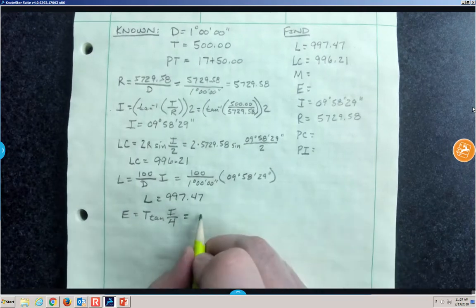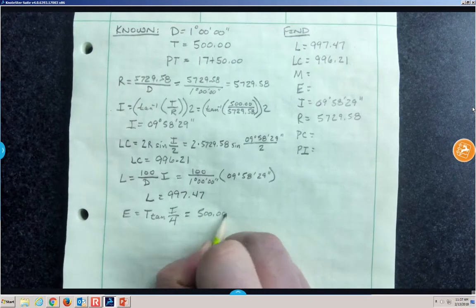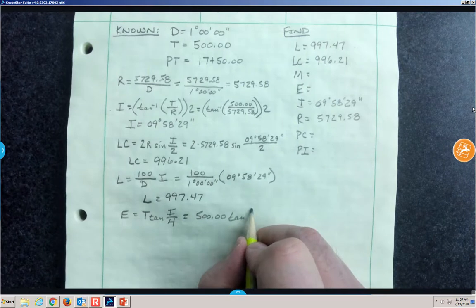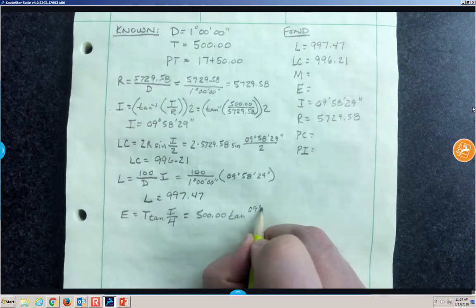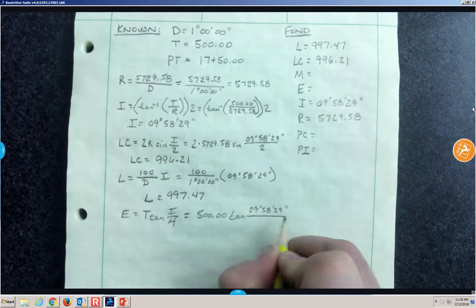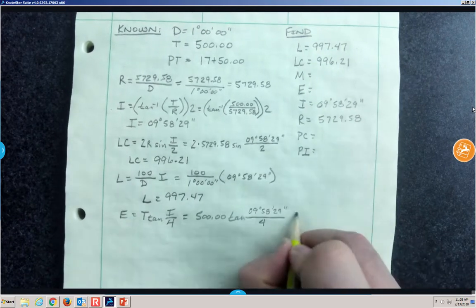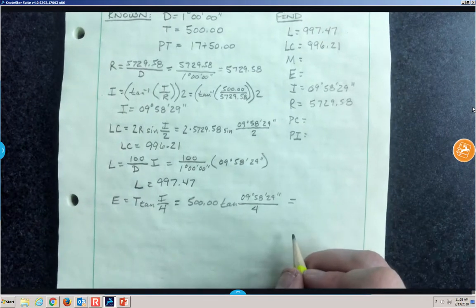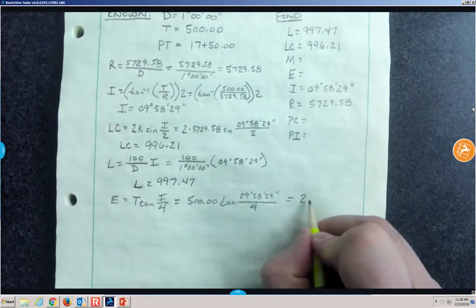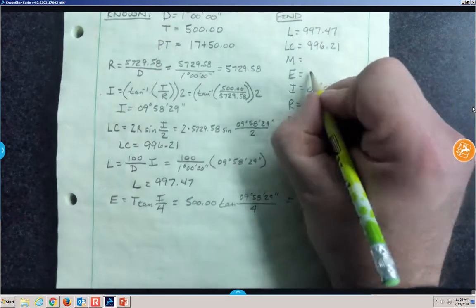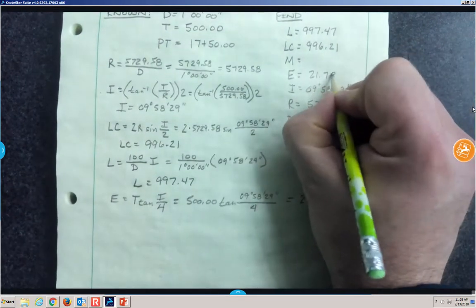So T is 500 times tangent of I, 09 degrees, 58 minutes, 29 seconds, over 4. So E is what? 21.78 feet.